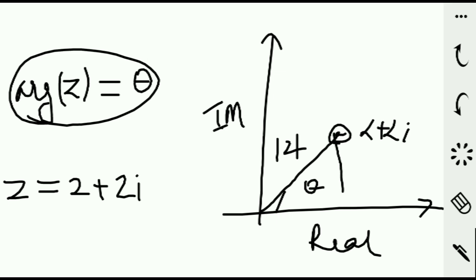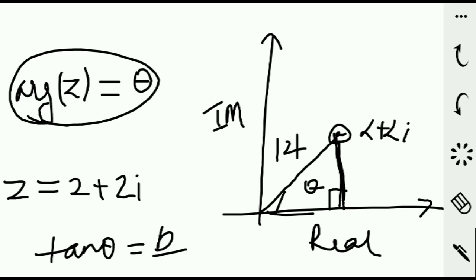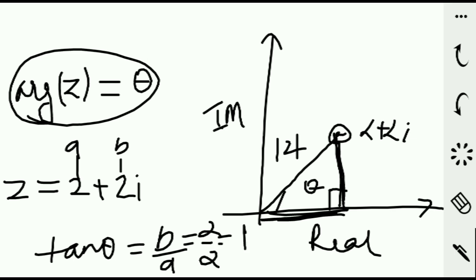So how will you find it? For example, you draw a perpendicular here. So this is a right angle triangle, and what is tan theta? Tan theta will be the opposite side, and this side is your b, divided by this side, which is your a. So what will come here? 2 by 2, so you will get 1. So you got tan theta as 1.